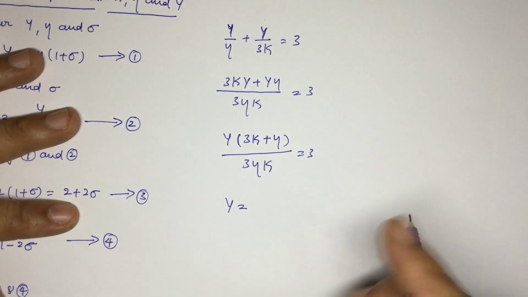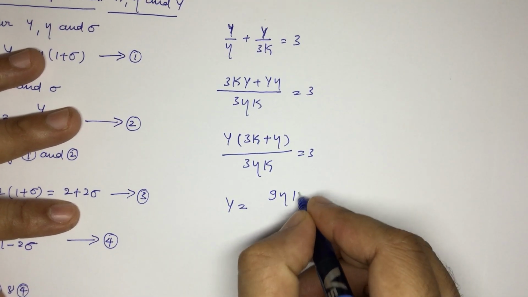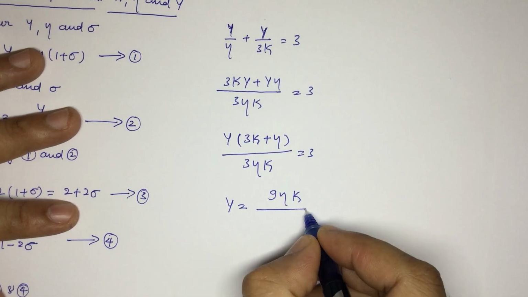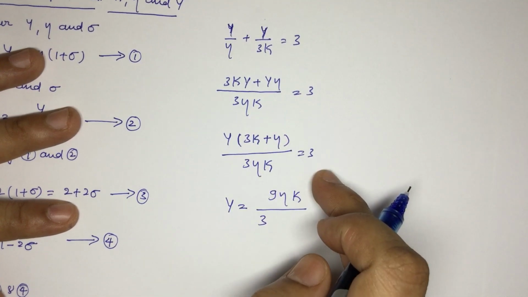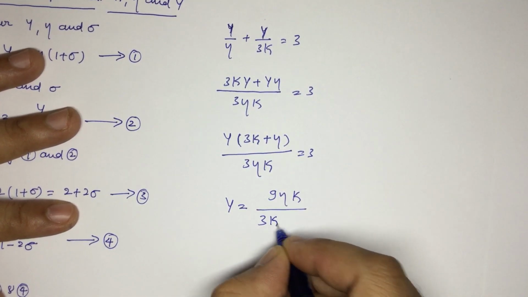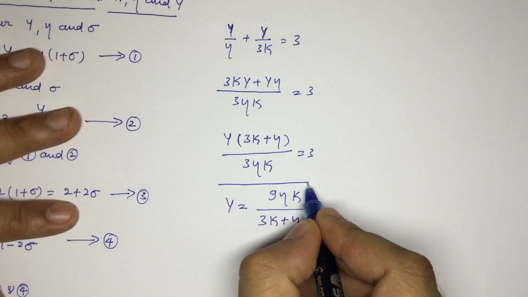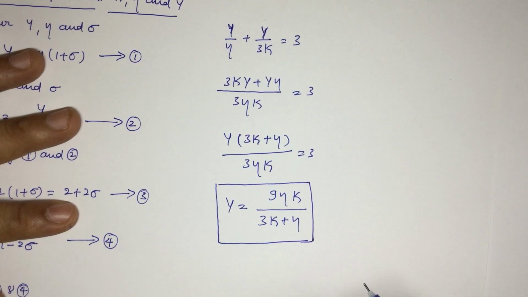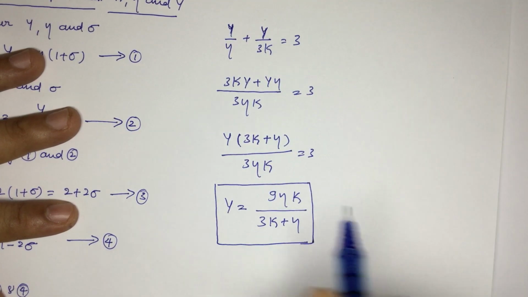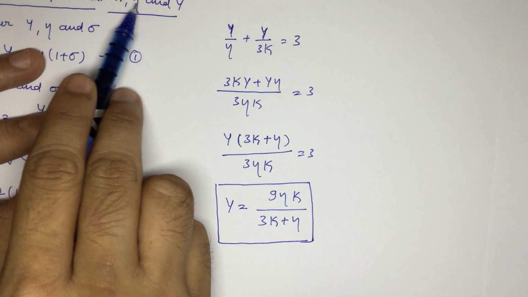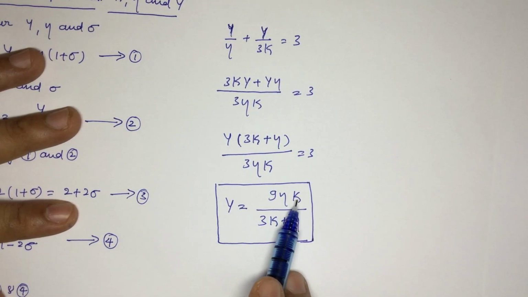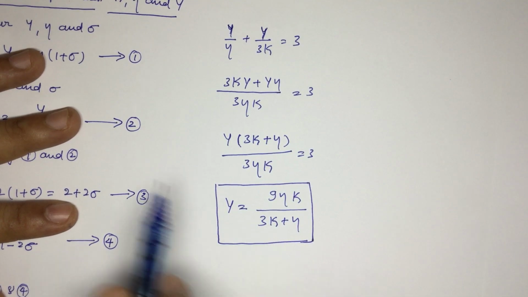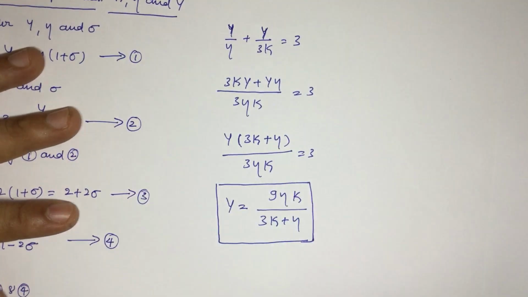So cross multiply here, this becomes 9 eta k divided by 3k plus eta. So this is the relationship between Young's modulus, rigidity modulus and bulk modulus. So we got a relationship between k, eta, y.